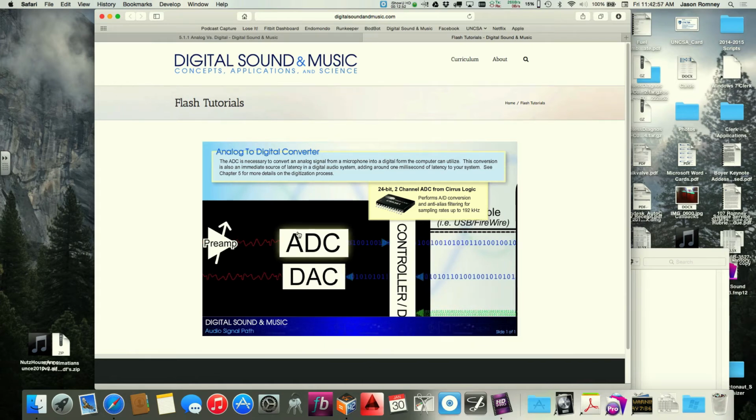Okay, so one thing to know about analog to digital converters is there's a slight bit of latency involved in this process. It takes a little bit of time for the converter to do this, and people who design these circuits, that's one of their quests, to try to get that latency down as much as they can.